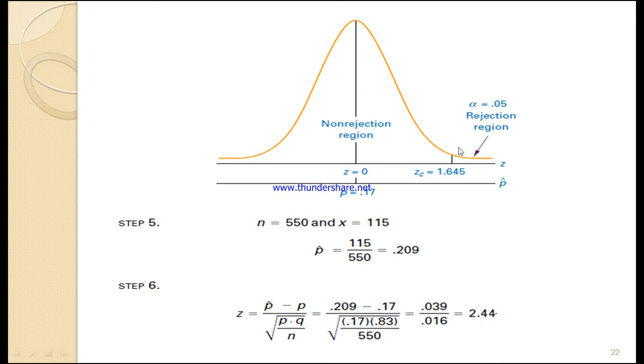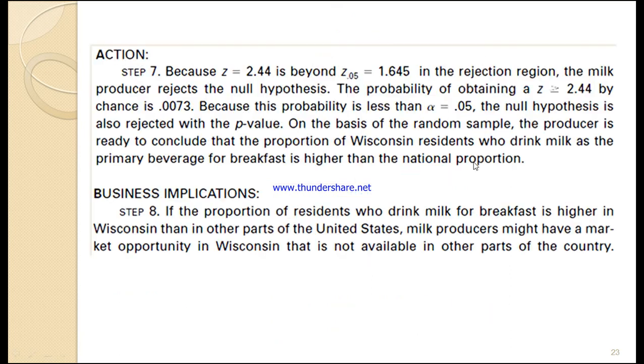And 2.44 is in the rejection region because it is greater than the critical value of z, which is 1.645. Therefore, the null hypothesis is rejected, because z, which is 2.44, is beyond the critical value of z at 0.05 alpha, which is 1.645. This is in the rejection region.